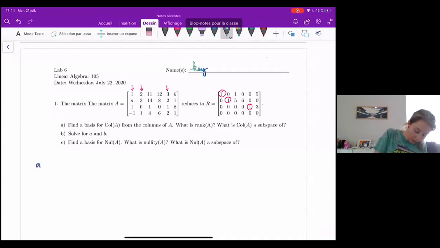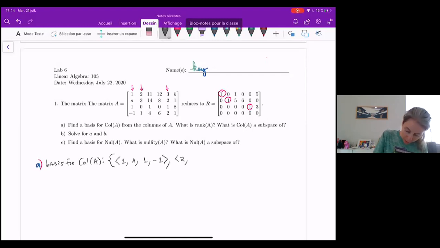So for A here, my basis for the column space of A, basis for col A, is just (1, a, 1, negative 1), (2, 3, 0, 1), and (3, 2, 1, 2).